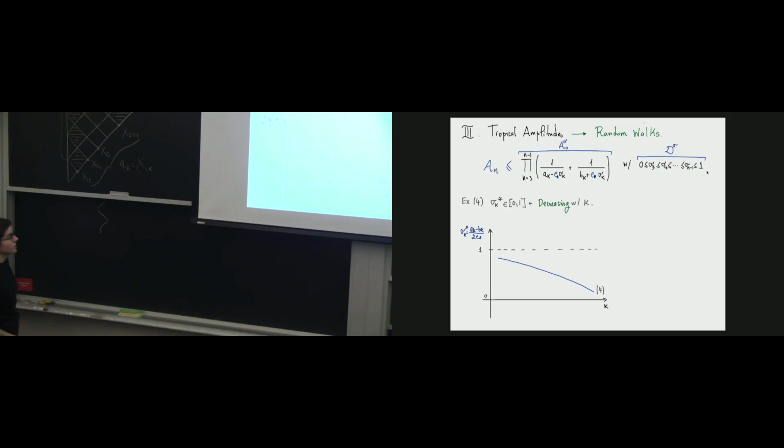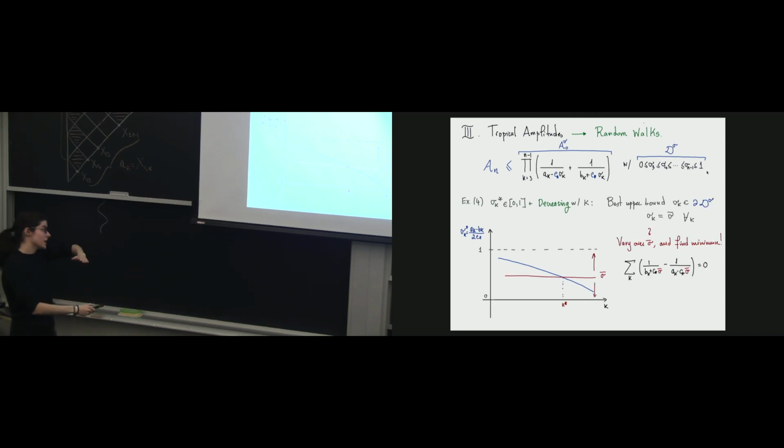Now, there are other interesting cases, like say that sigma star_k is actually decreasing with k. Then since our sigmas need to be increasing, the best possible thing I can do is look at the limit where they all become exactly the same. If they all become exactly the same, the best possible upper bound is the one where I vary over this sigma bar and ask which value of sigma bar makes a_0 of sigma a minimum.